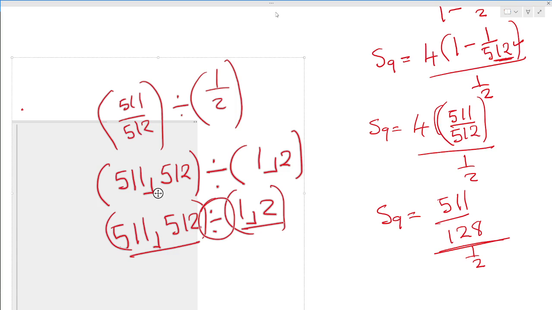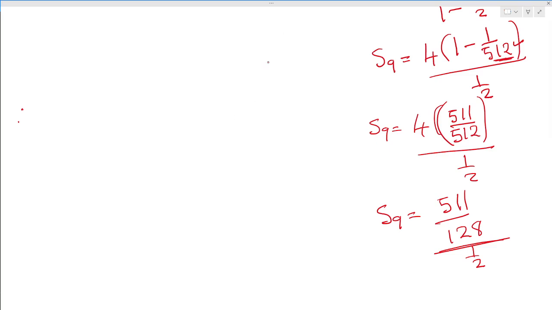What does that give me? Where's that delete button? Can't find it. Let me manually delete. So when I divide the way I showed you, it's giving me 767 over 512. So you leave it here. That is your final answer.